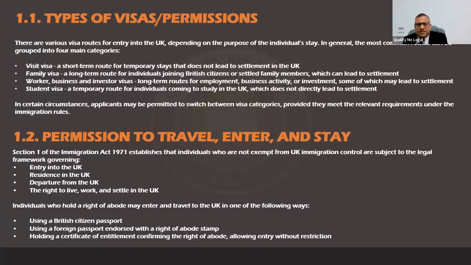Then the student visa, it's a temporary visa. This visa is for those people who normally come to the UK for the purpose of their studies. For instance, if you want to come for the purpose of an LLM or Bar Law or any other course like a PhD, you're going to go straight to a student visa. A student visa does not directly lead to settlement.